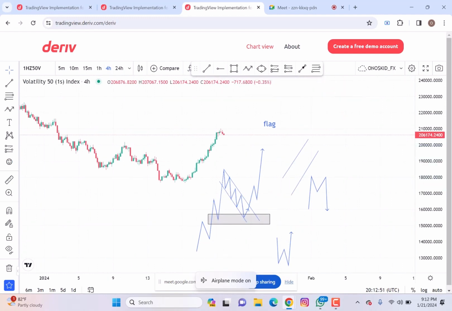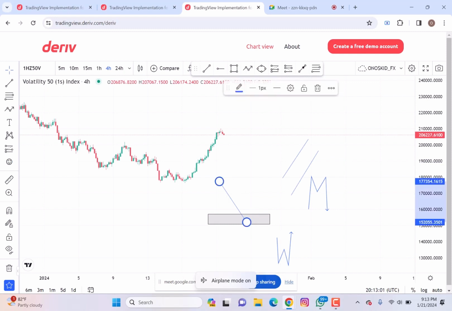Okay. Now this is the 4-hour time frame of V51S. One of the things we talked about in our class is how to identify trend reversal, and then we talked about transition as well.